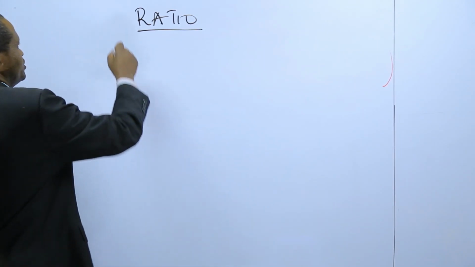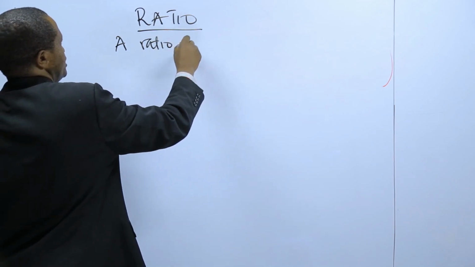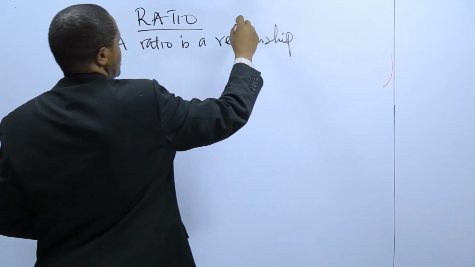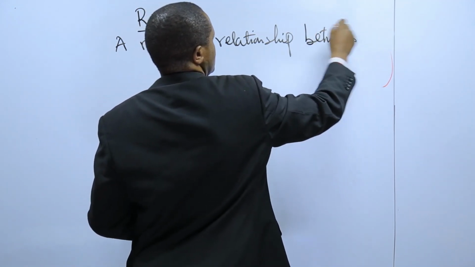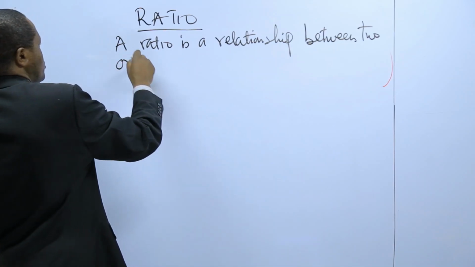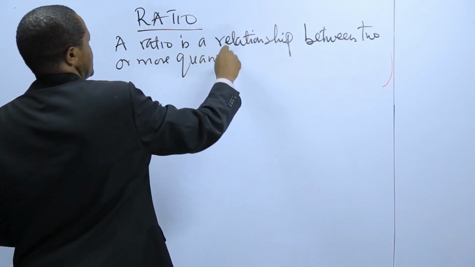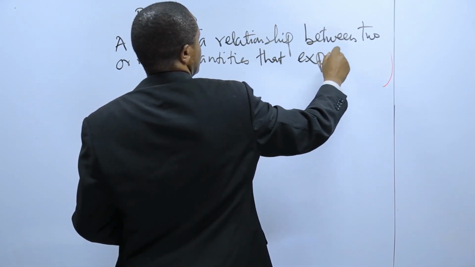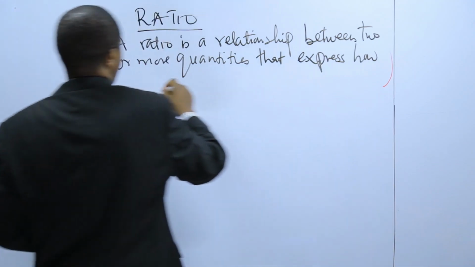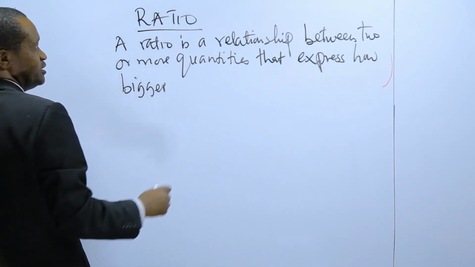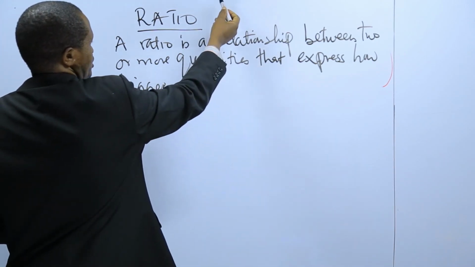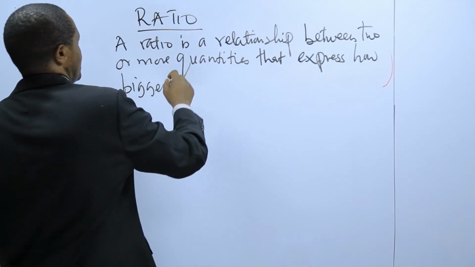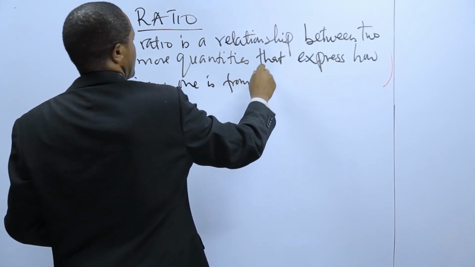Now, a ratio is simply a relationship between two or more quantities that expresses how bigger or smaller one is from the other.